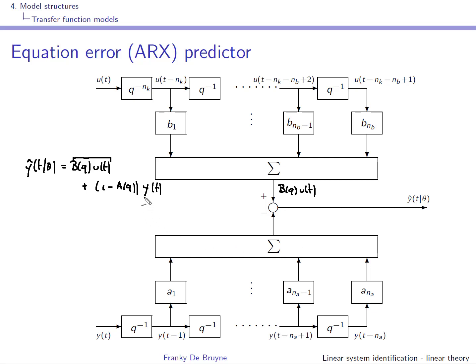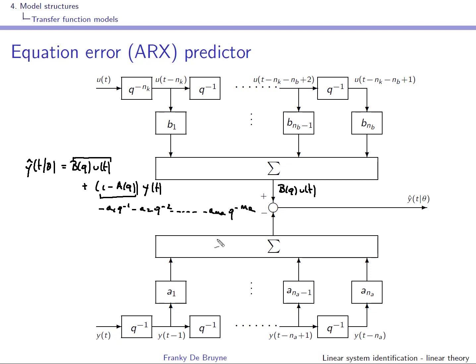So what you have over here, remember that this one over here is really minus a1 q minus 1 minus a2 q minus 2 up to minus a na q minus na.